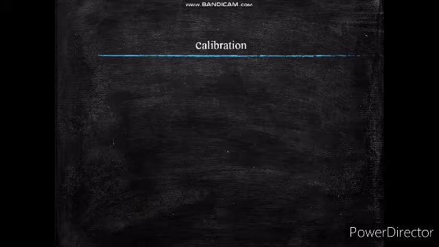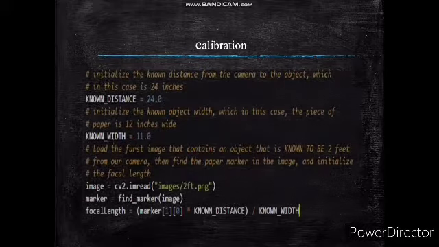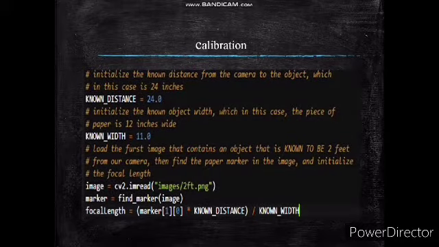So now let's see the fourth step, that is we have to calibrate and find the focal length. First, for finding this, we have to initialize all the known values. That is, known distance in this case is 24 inches and known width is 12 inches wide. Then we have to find the focal length.